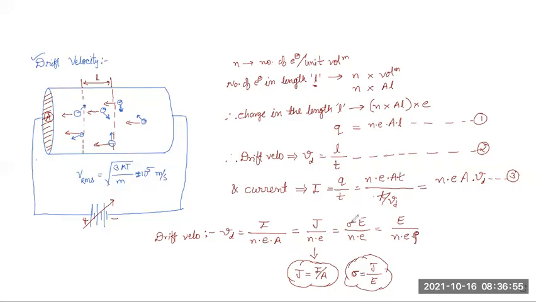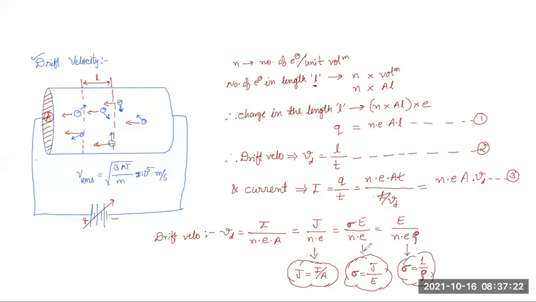This is resistivity, and conductivity sigma is the reciprocal of resistivity, so sigma is equal to 1 divided by resistivity, and we get another equation.